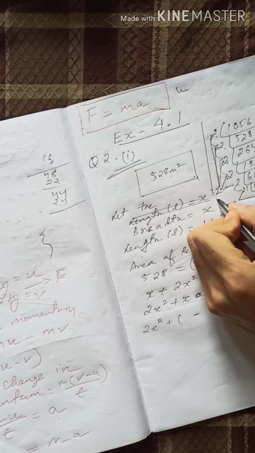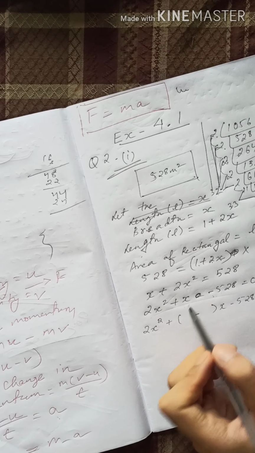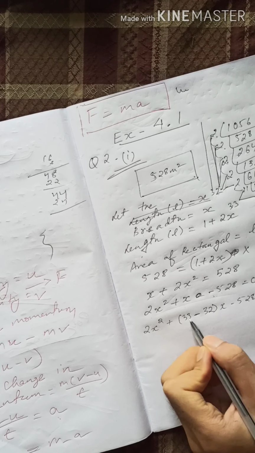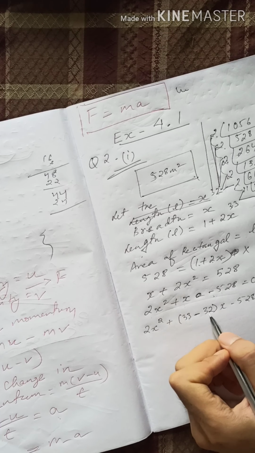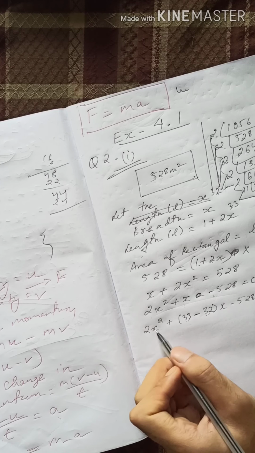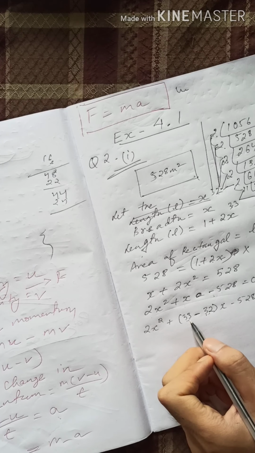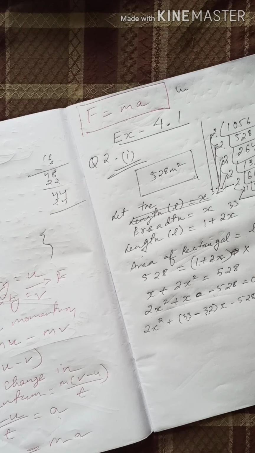So 33, 32. 33 minus 32 is 1. Because here is 1x, so the answer will give us 1x. But the product of these two should give us 1056. If you multiply 33 into 32, you get 1056.